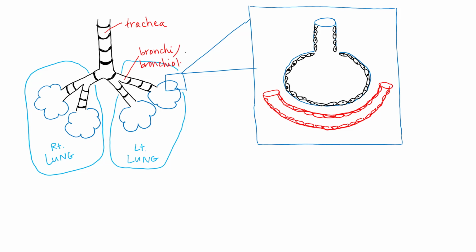So the airway tubes just get thinner and thinner as you branch out into the lungs. And then these bronchioles, these bronchial tubes, terminate in these little air sacs. And these air sacs are called alveoli.